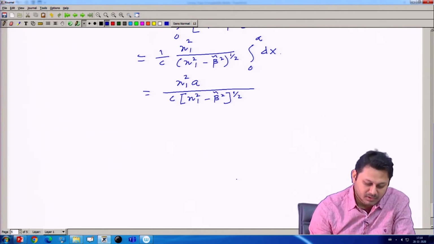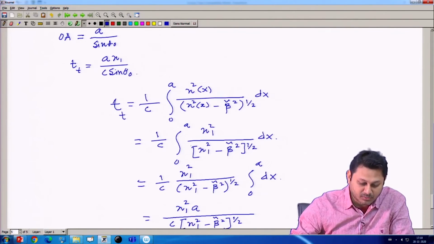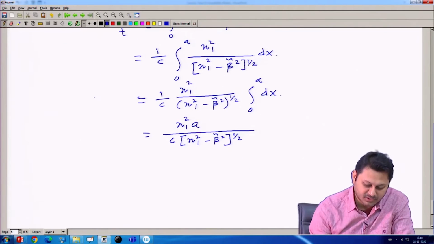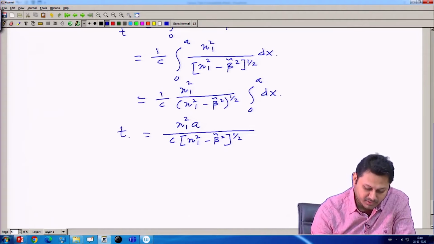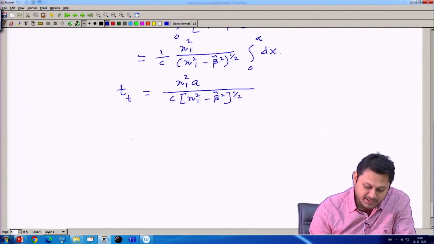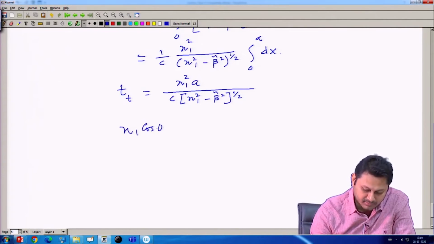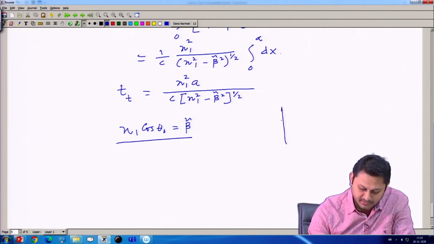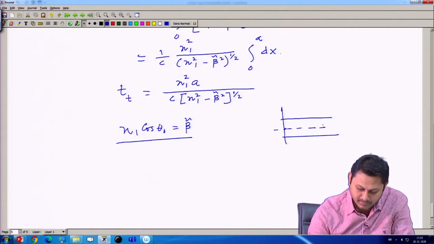Now, I need to use a few things, because this result is not matching with whatever we have. My TT here is A N divided by C sin theta 0. So, I need to introduce this theta 0 in the expression to find out. That we can do. N1 cos theta 0 is my beta tilde. This is always true, and in this fiber, from here I am launching the light, and this angle is theta 0.